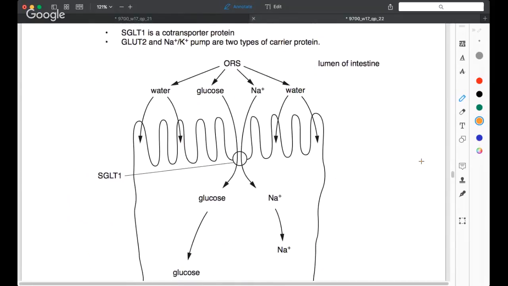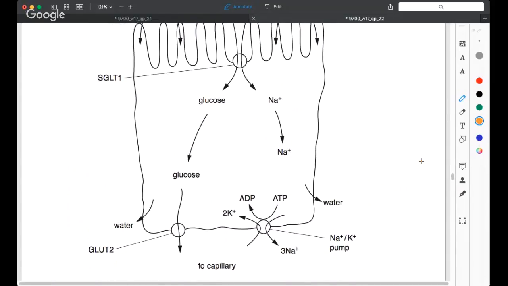No. If you don't know for a fact that it's active transport, because you see that ATP being used, then you can assume that it's going to be facilitated. Okay. And how about the other ion?